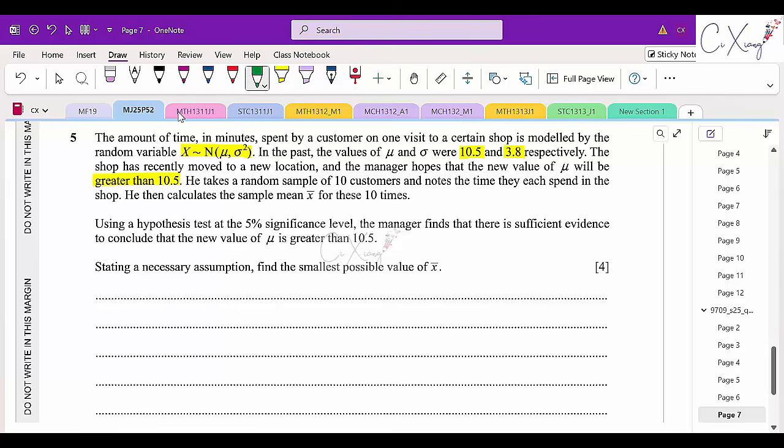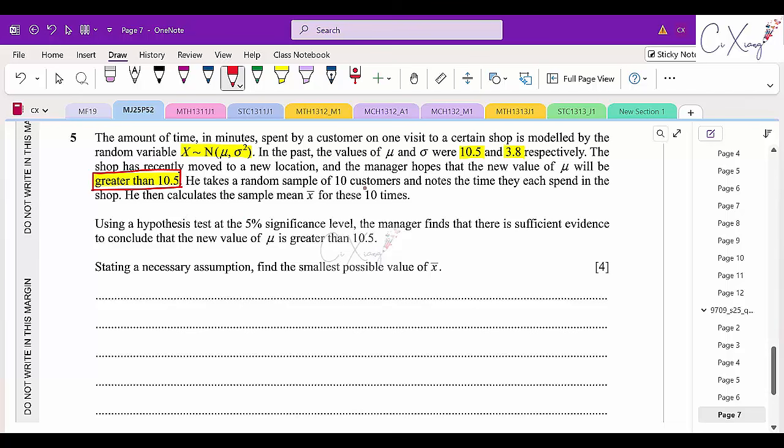So highlight the keyword greater than 10.5. It will be a keyword for us to set up the alternative hypothesis later, because if you read the question, they are talking about the test. Right, so greater than 10.5 will actually be a keyword to set up the alternative hypothesis.